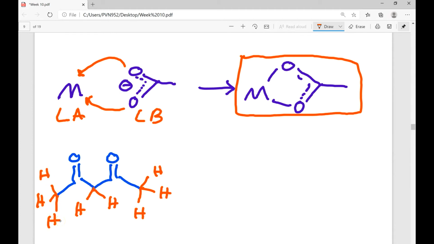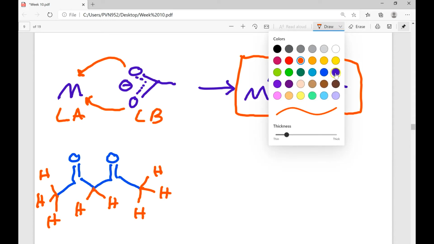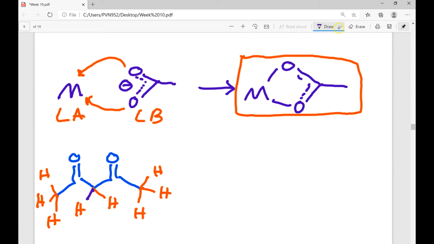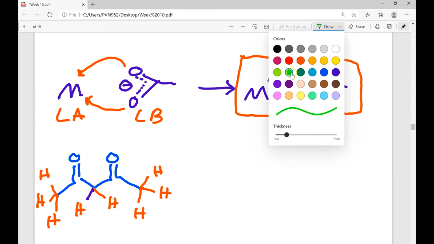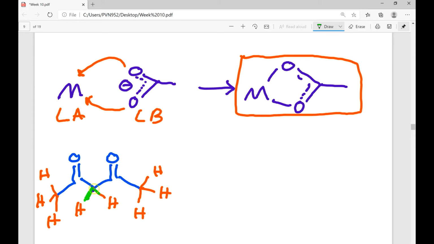So here is our acetylacetone with all of its acidic hydrogens. Now, all of these acidic hydrogens are not created equally. The hydrogens in the middle, let me use a different color, let's say green. So the hydrogens in the middle right here, because they are adjacent to two carbonyl groups, these are going to be the most acidic.